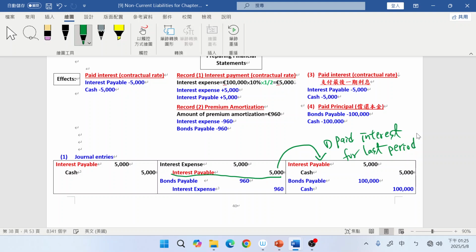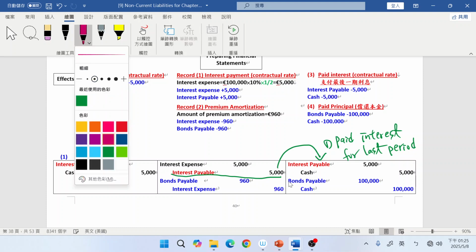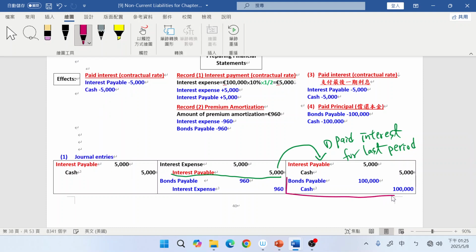Always don't forget interest. When you have liabilities, you always have to pay the interest. So after you pay the interest, at the maturity day, we pay what? We pay principal, okay? After paying the interest, at the maturity day, we pay the money back to creditors, right?